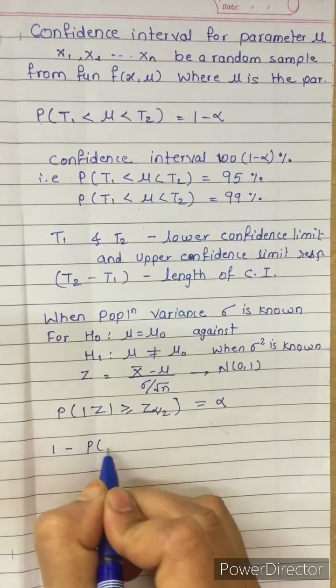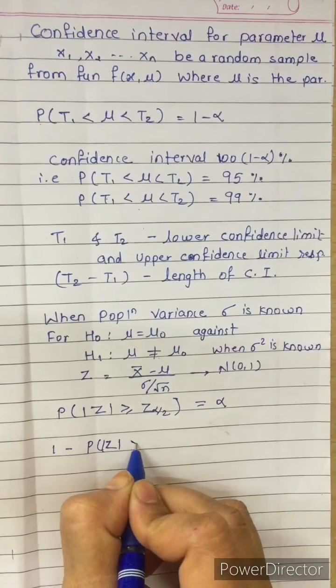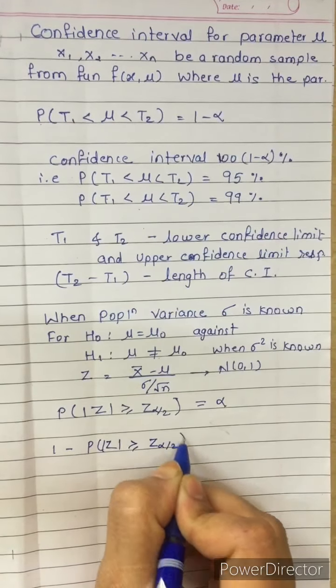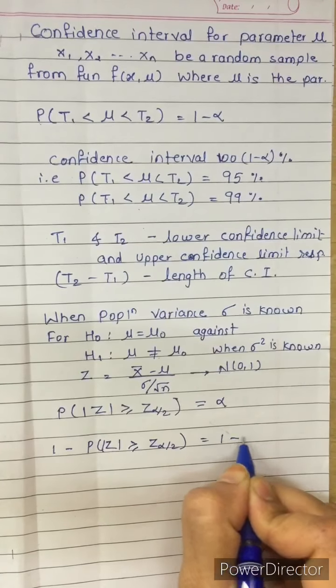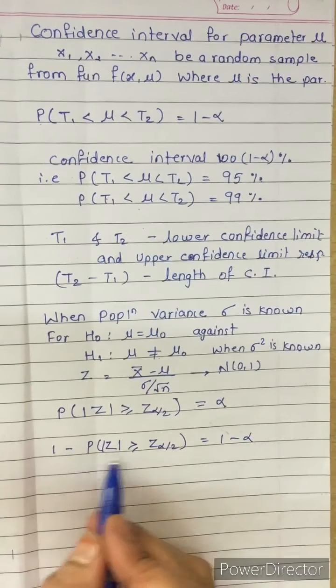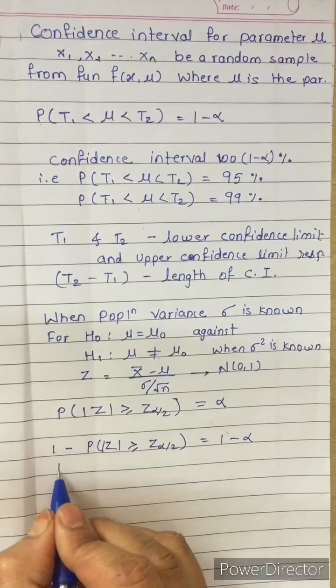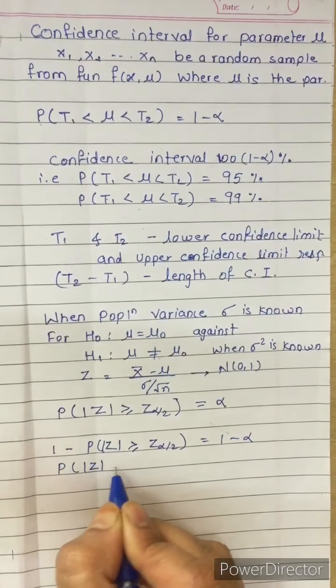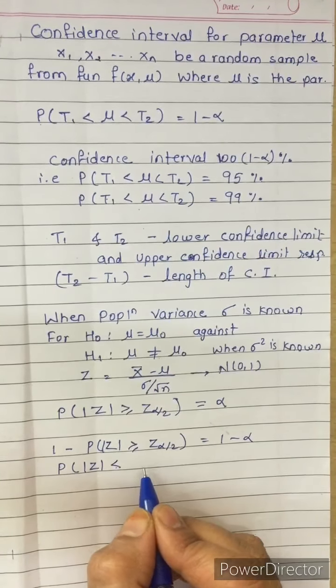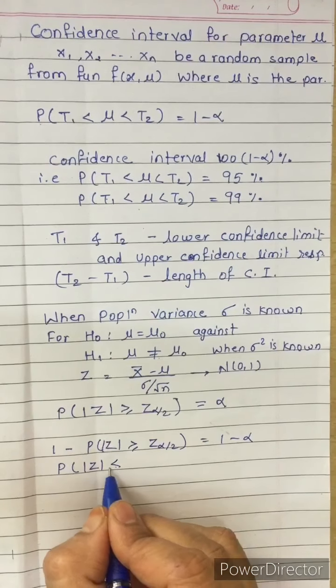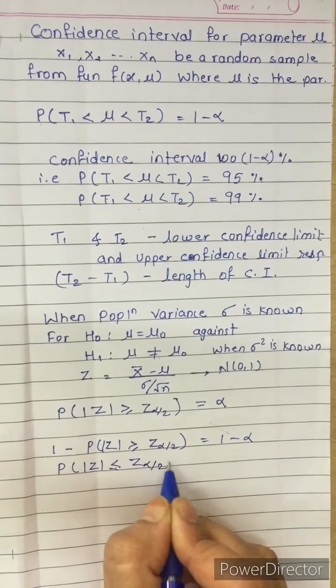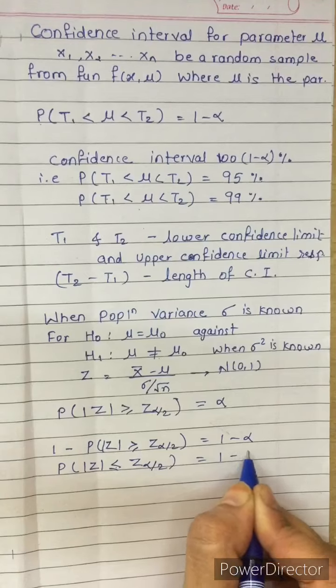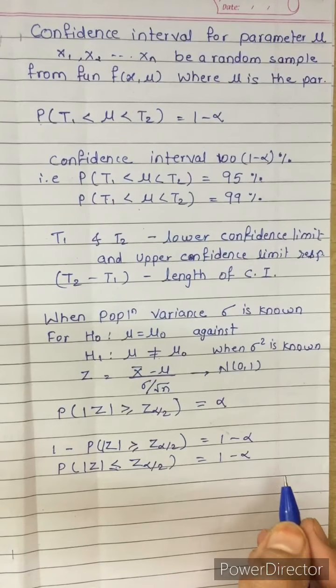So 1 minus probability of mod z greater than or equal to z alpha by 2 is equal to 1 minus alpha. When we do 1 minus this probability, it will become probability of mod z less than z alpha by 2 is equal to 1 minus alpha, correct.